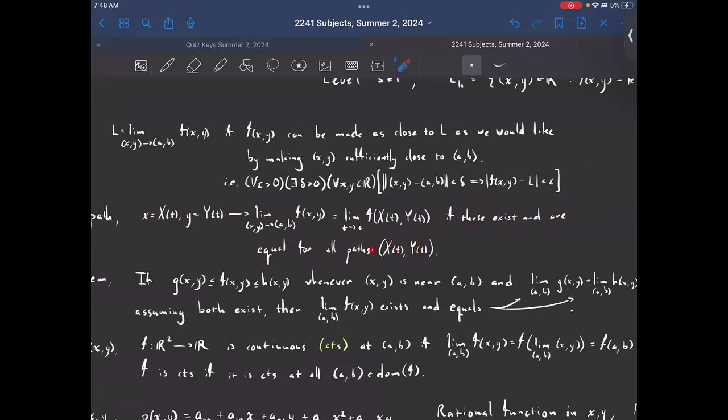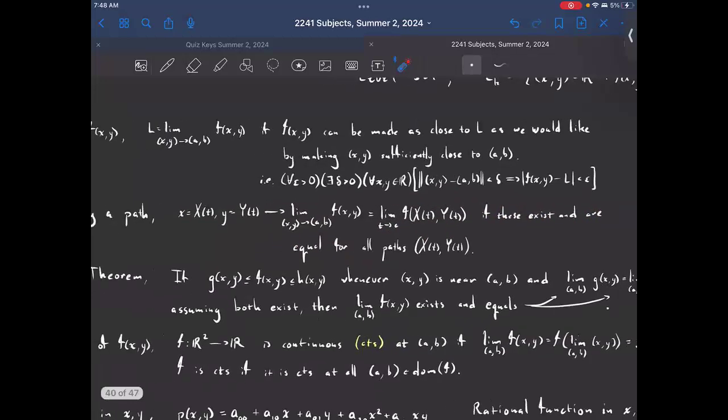Now, all paths, that's a pretty big quantification there. There's a lot of paths that we can use. It could be an ellipse, it could be a spiral, it could be linear functions, quadratic functions that we can approach along. So this is a pretty big, strict requirement here.